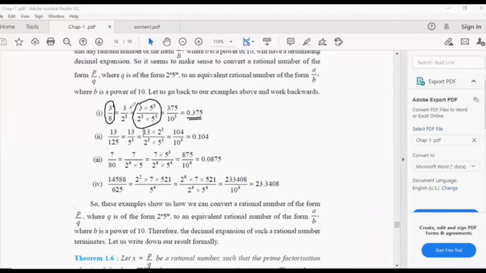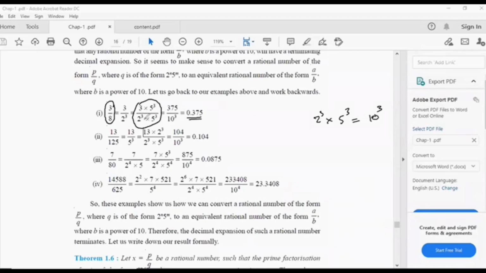So the idea is 3 by 2 cube. You prime factorize this 8 and get 2 cube. Then to reach a power of 10, you multiply 2 cube with 5 cube, so it becomes 10 cube. To balance this 5 cube, you multiply the numerator also with 5 cube.